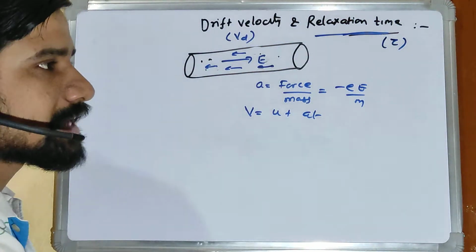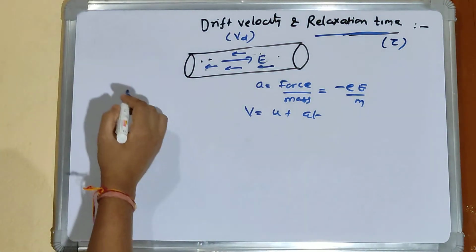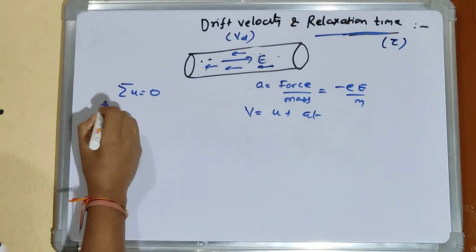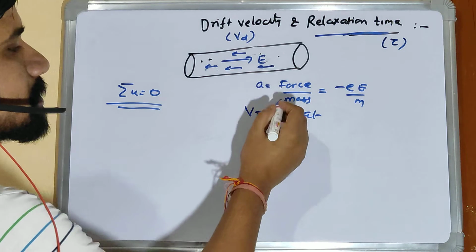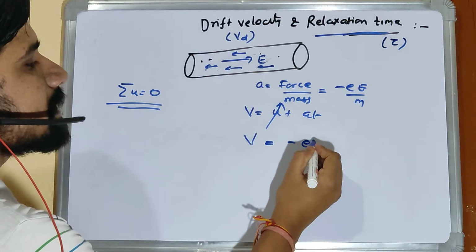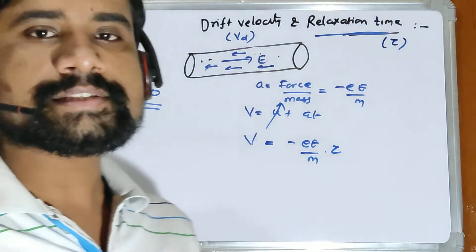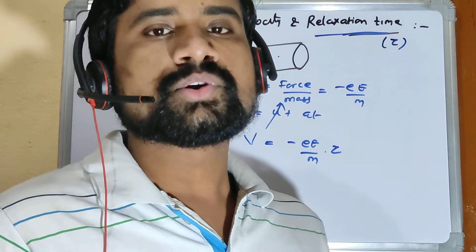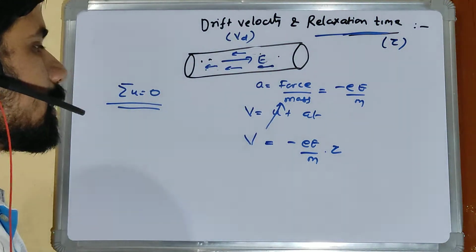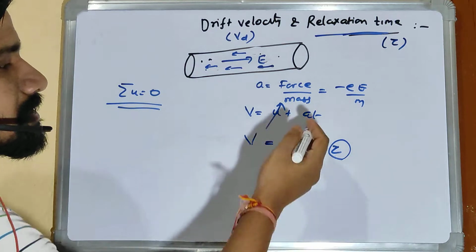The initial velocity, as we discussed, is the initial average velocity when there is no field, and that is zero, right? So this term is zero. So velocity is nothing but minus eE by m into tau. Why have I written tau here instead of t?